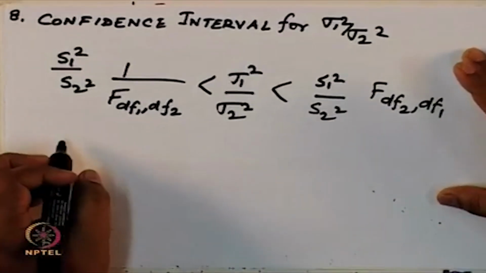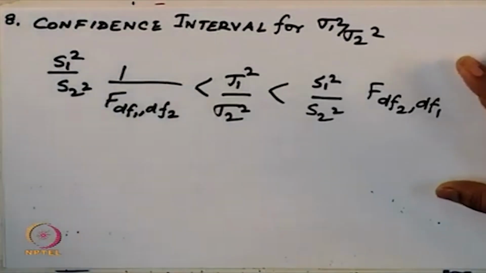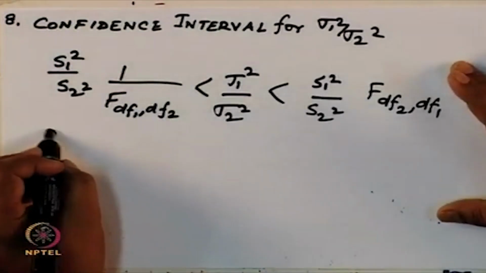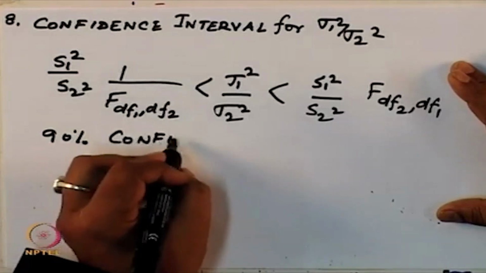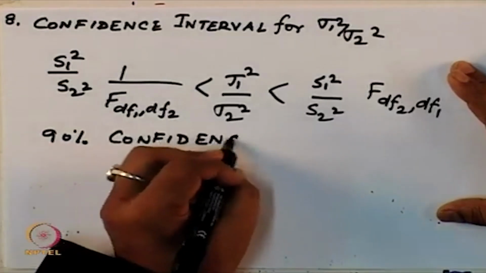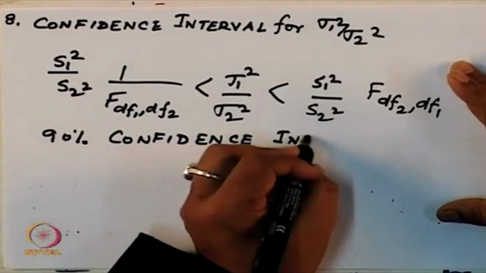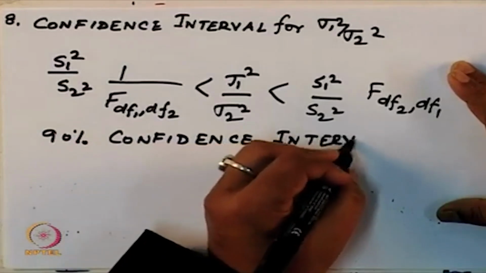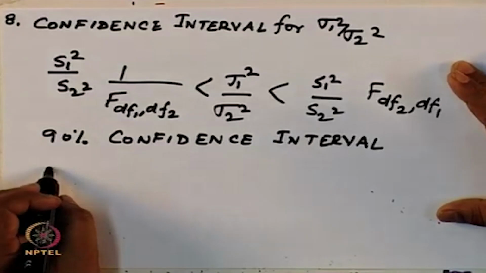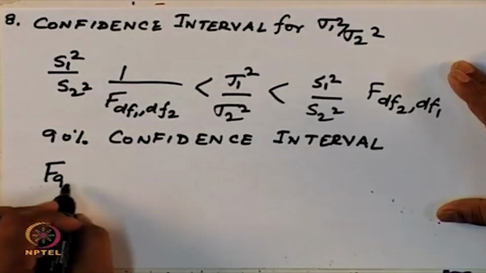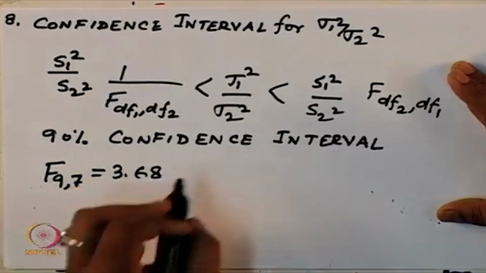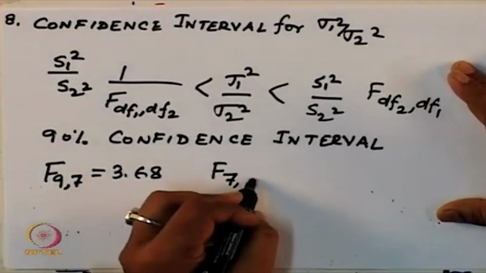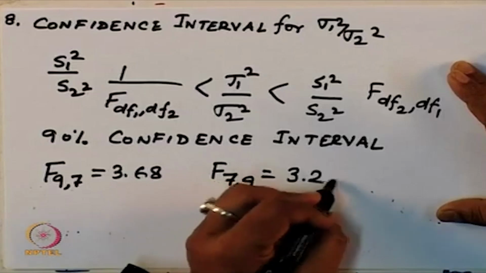For the case that we discussed right now, for a 90% confidence interval, you can look up F of 9, 7, this is 3.68, and F of 7, 9, this is 3.29.